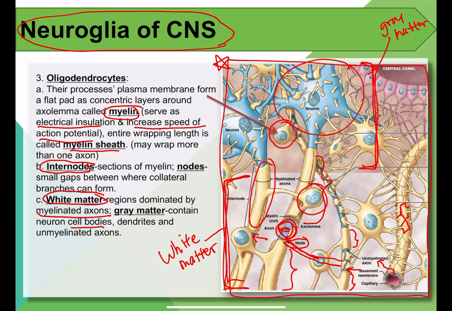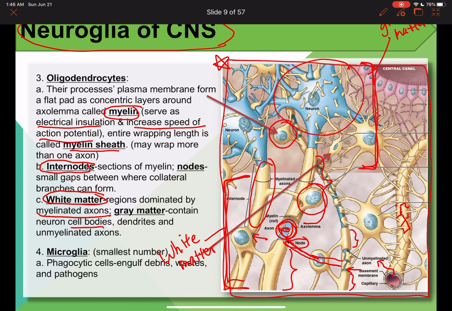What determines whether it's gray matter or white matter is the existence of these cell bodies of the neurons that gives the appearance of gray due to the Nissl bodies. And then white matter is due to the numerous amount of myelin sheath around these axons.